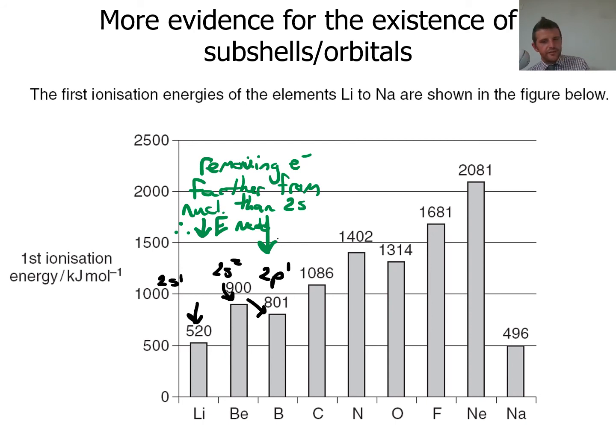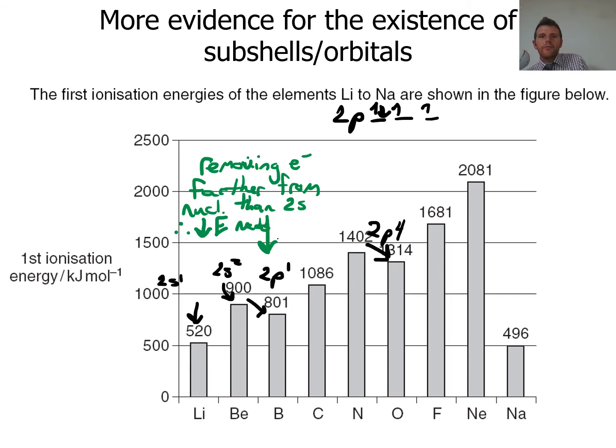The next time you should see a downfall that looks like that is going to be here. And that's because oxygen is going to be a 2p4. In other words, it's going to look like this: 1, 2, 3, 4.